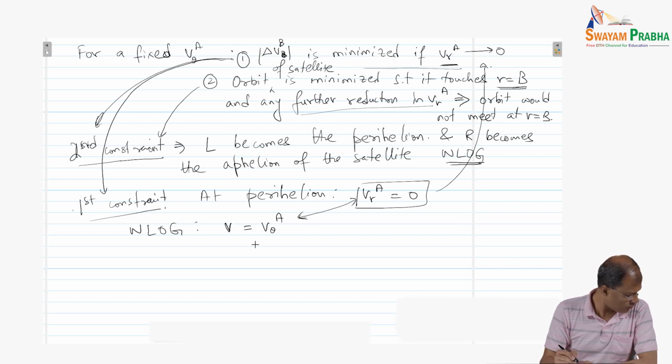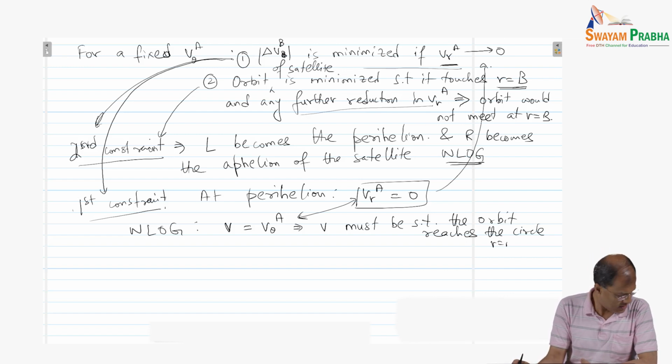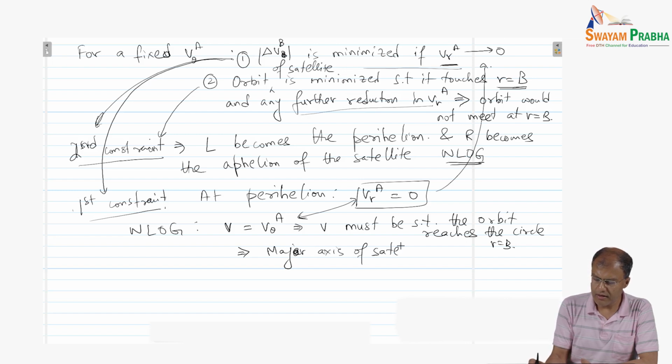And what it implies is that the velocity v must be such that the orbit reaches the circle r equal to b, which means that the major axis of the satellite, which is A, must be equal to a plus b, right?